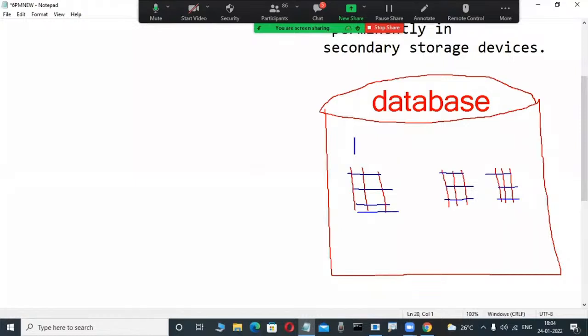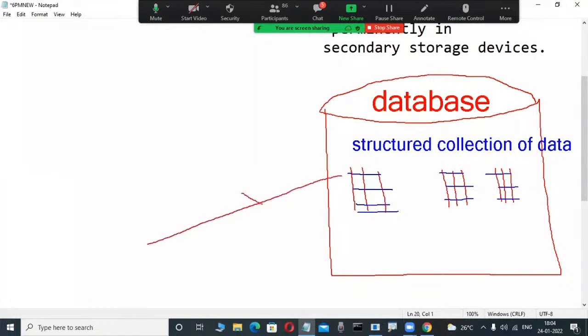This is what I said in the previous class. These databases always store a structured collection of data, in an organized fashion. Once a structured collection of data is there, for handling and operating on this data, which language is used? Very good: SQL, Structured Query Language.